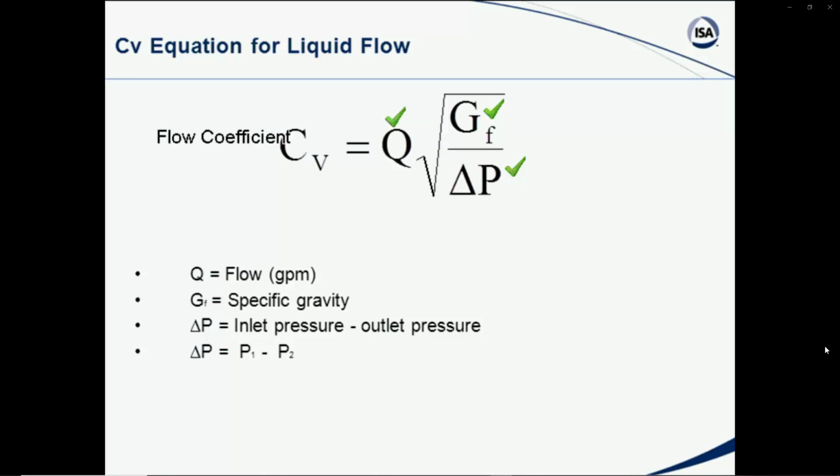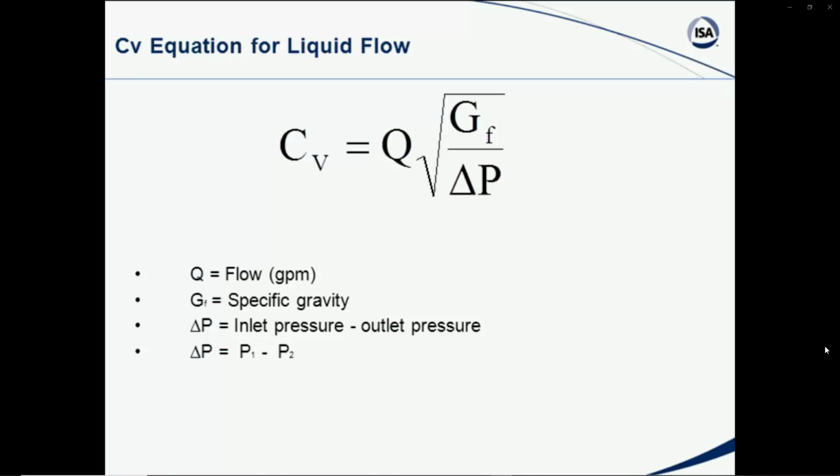Now, this is the basic simplified equation. If you'll recall, when we talked about orifice plates and other types of pressure differential devices, the flow was proportional to the square root of the differential. And you'll see here that we have the same situation because a control valve actually is nothing more than a variable orifice.